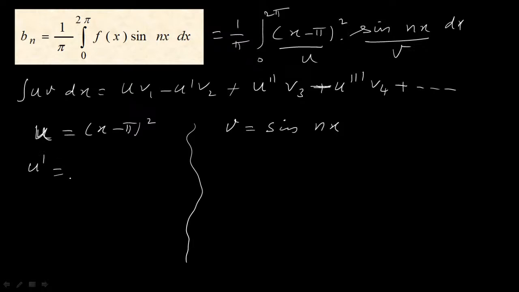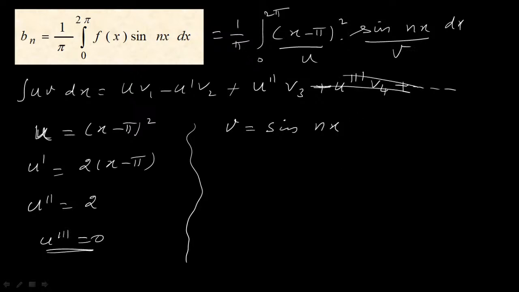So u is equal to x minus pi square, u dash is equal to twice x minus pi, and u double dash is equal to 2, and u triple dash becomes 0. Since this becomes 0 means we have to stop the formula up to this. So we calculate v1, v2 and v3 only.